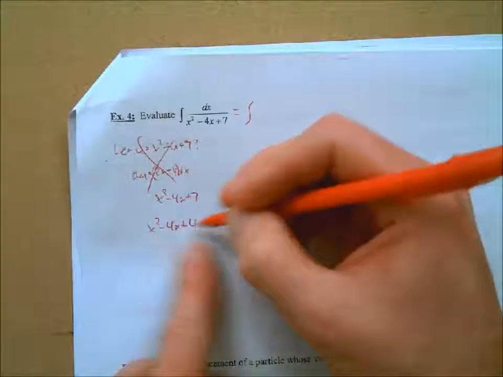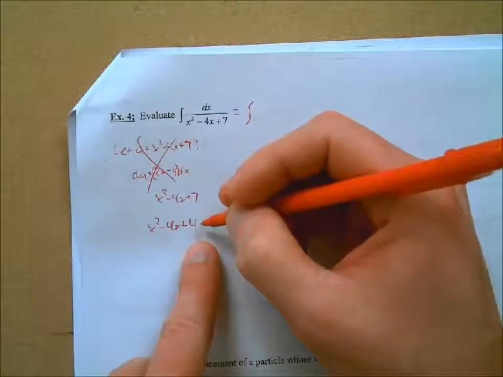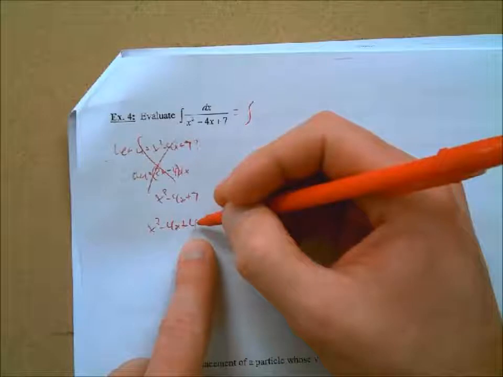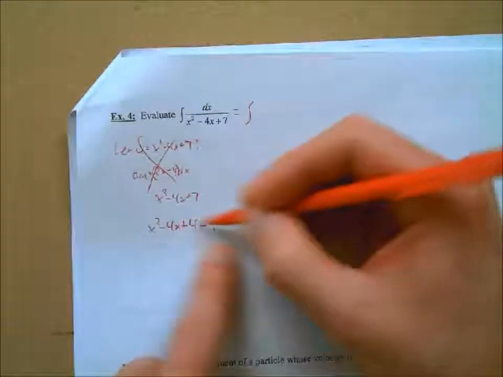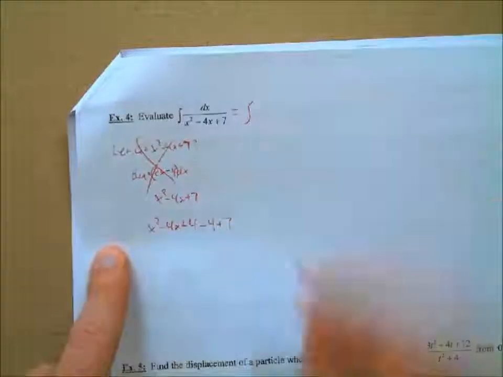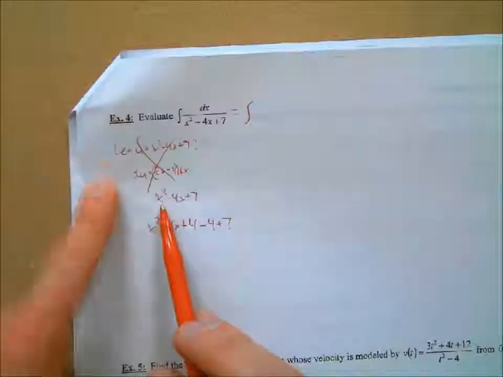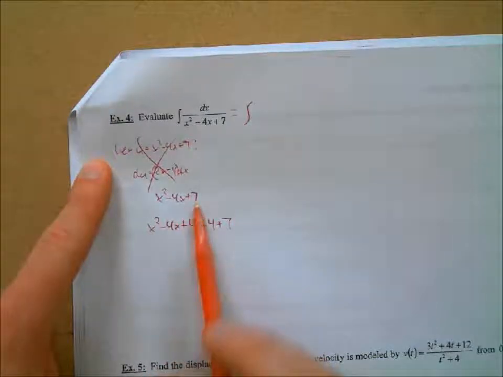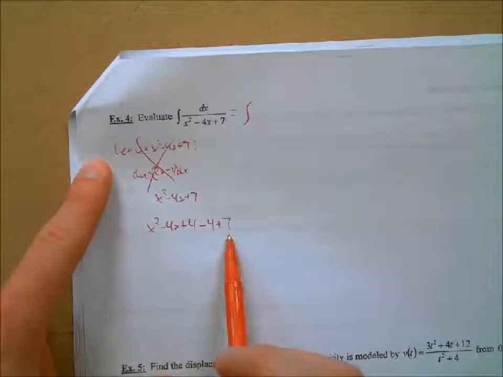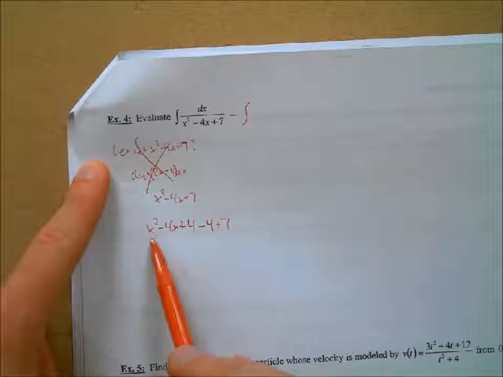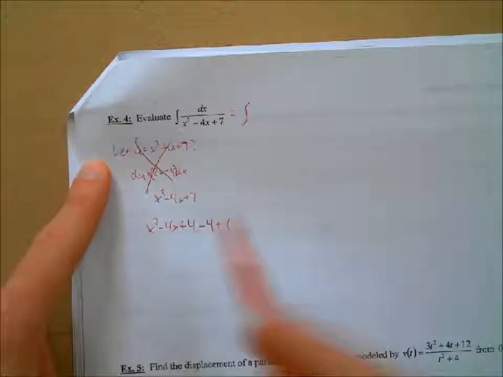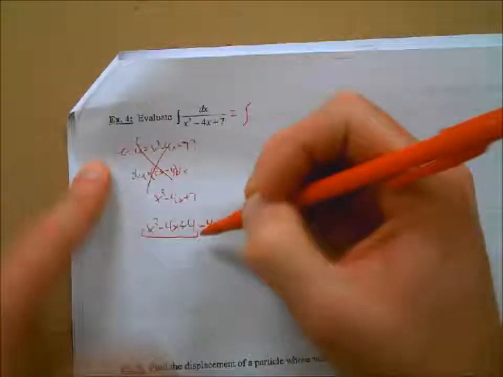But then I just brought in this plus 4 from nowhere, so I'm going to also subtract 4 to balance that out, and then plus 7, right? So all I've done here is rewrite x squared minus 4x plus 7 equivalently. I'm adding 0 in a tricky way so that I create this thing to be a perfect square.